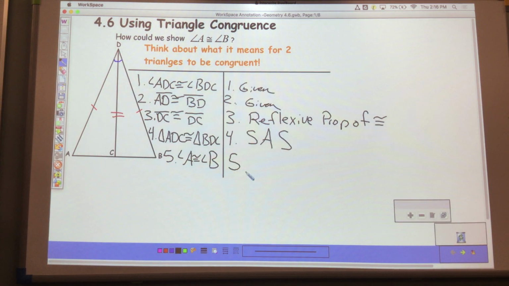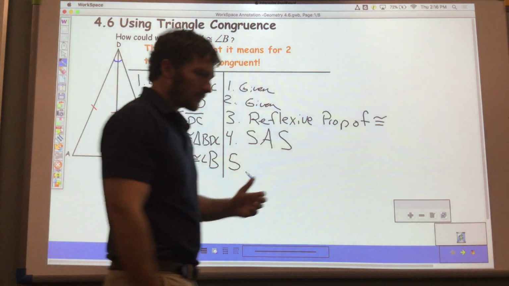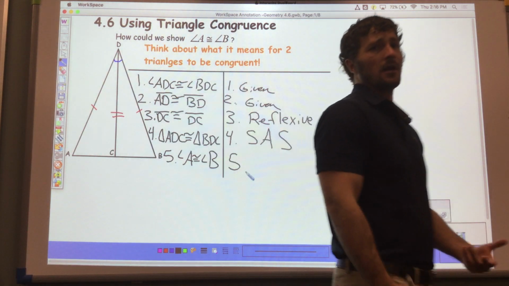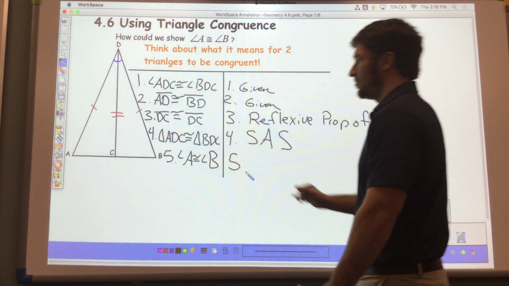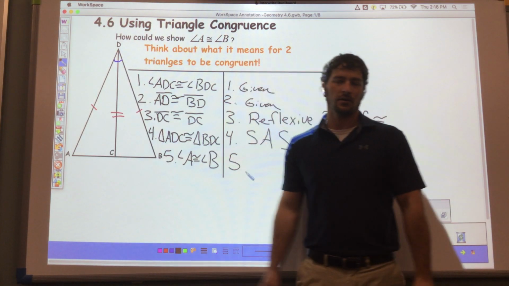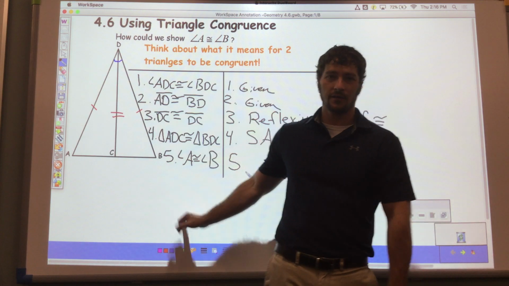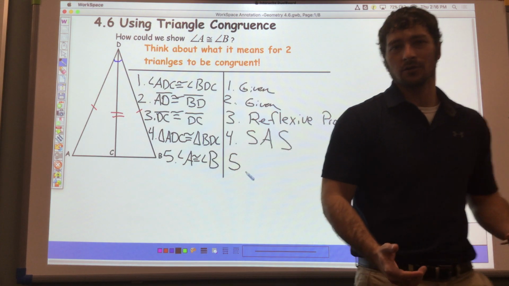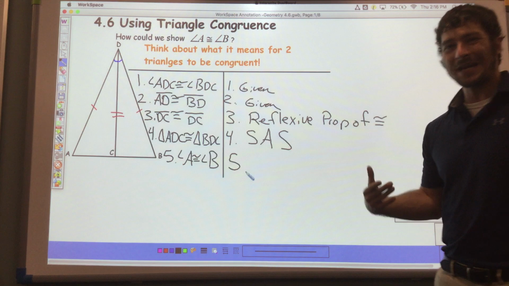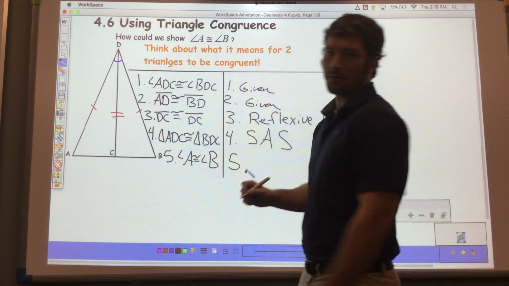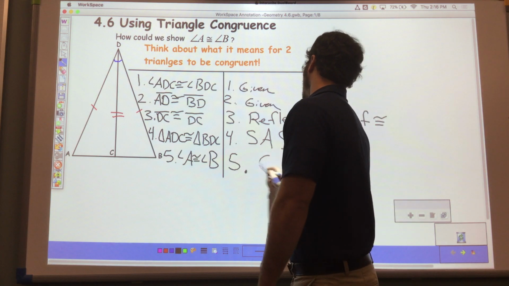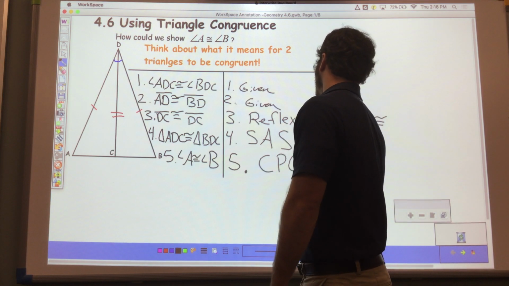And we talked about when you have congruent triangles, all the corresponding parts are congruent. So when you say that two segments are congruent or two angles are congruent, because they're parts of congruent triangles, your reason is going to be an acronym, corresponding parts of congruent triangles.